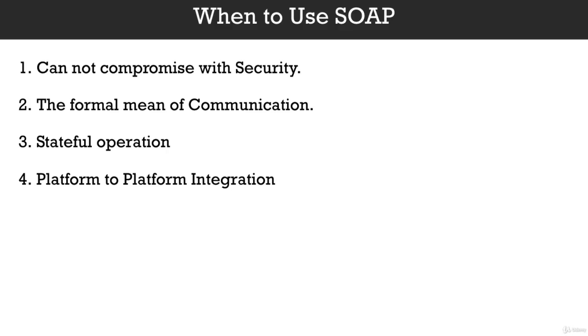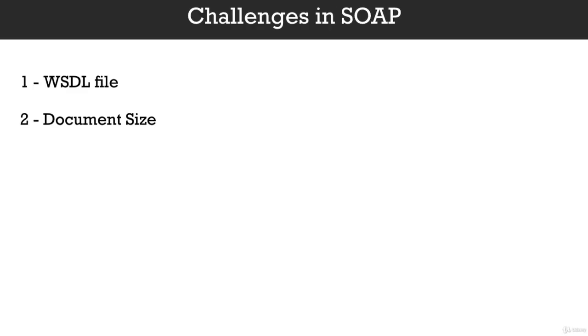Now let's talk about what challenges come into the picture whenever we are trying to consume or expose. First challenge is the WSDL file itself. Why is it a challenge? Because the WSDL file is the key file which contains information about what to consume and what to send. It also contains information about which user is consuming the API, what the structure of a table is, and the structure of some other tables.